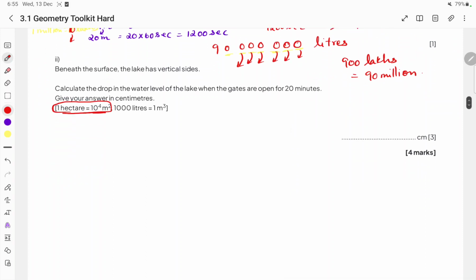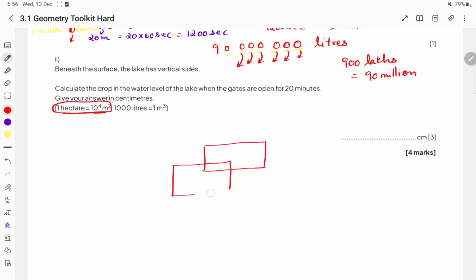So the second part: the lake has vertical sides. Calculate the drop in the water level. They are asking for the water level in the dam, of the lake, when the gates are open for 20 minutes. See here, I'll draw it like this.